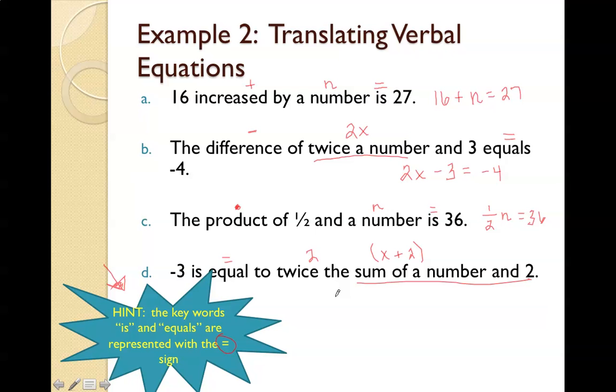And the only way I can do that is through parentheses, through PEMDAS. So it's going to look like -3 is equal to 2 times the sum of a number and 2. So that way I add x and 2 before I multiply here. Be careful for things like this when it says the sum of a number and 2, but you're supposed to do something else to it as well.